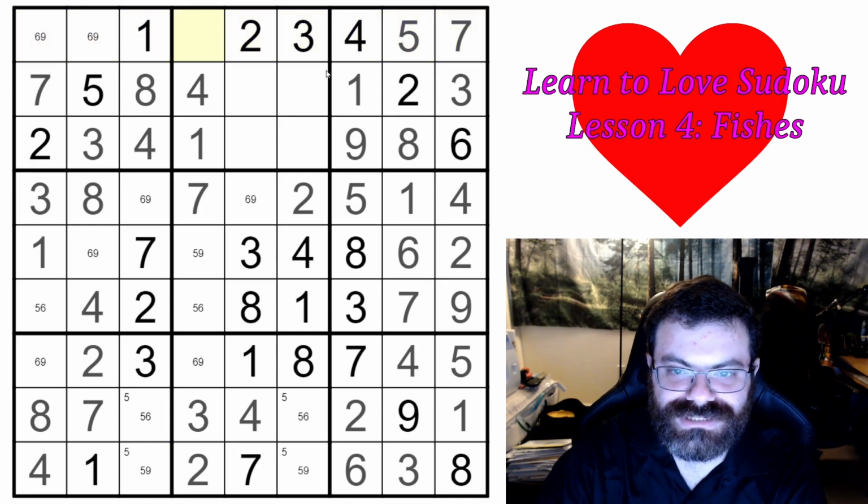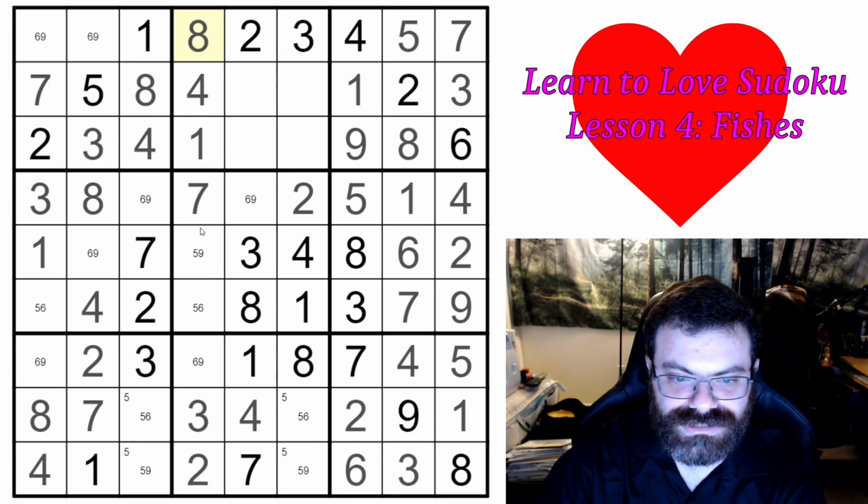Okay, there's one left in this row. It's an 8. 2 in this row is 6 and 9. 2 in this row is 5 and 7. So it goes this way. I'm fully marked now.